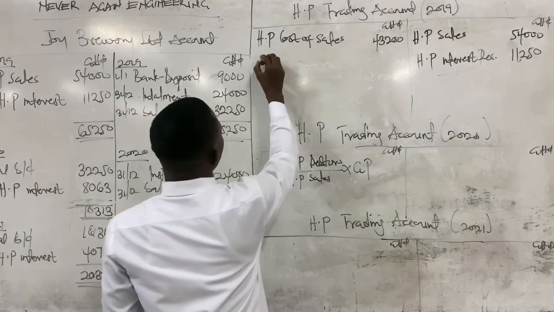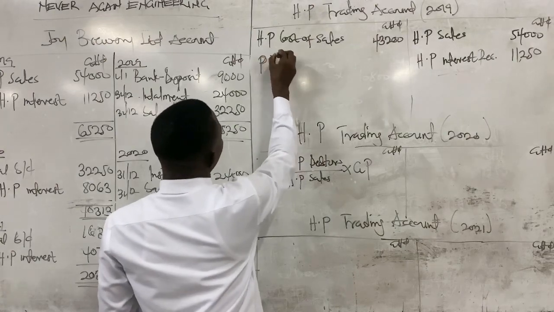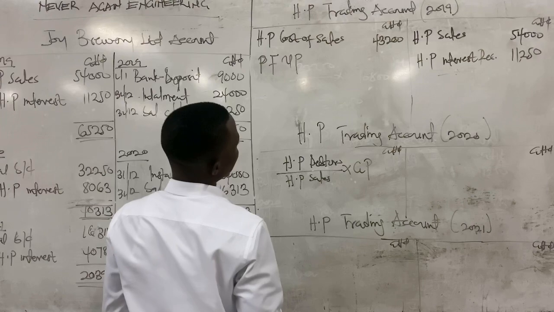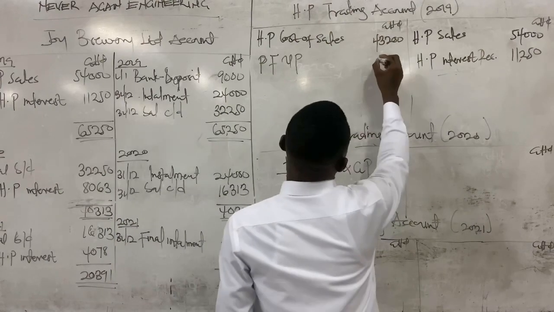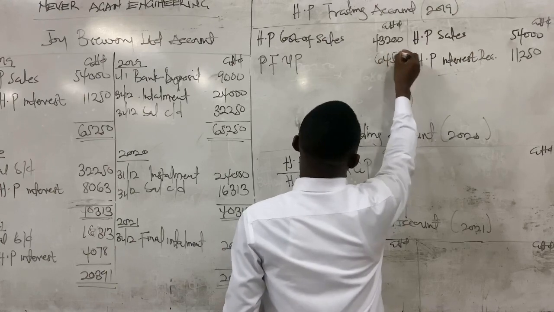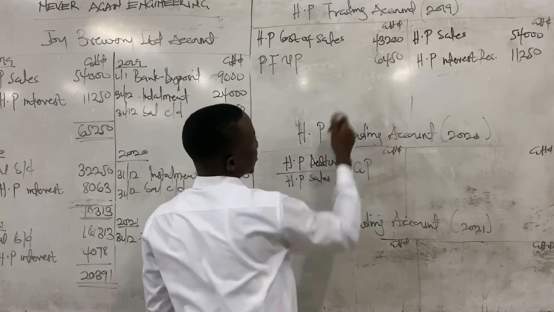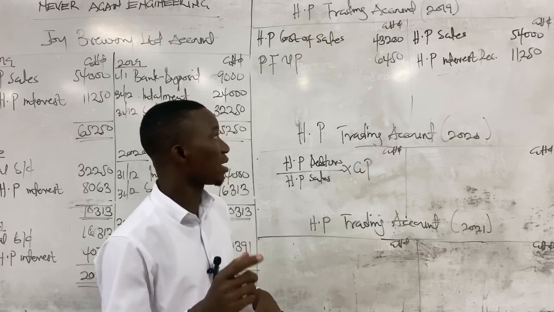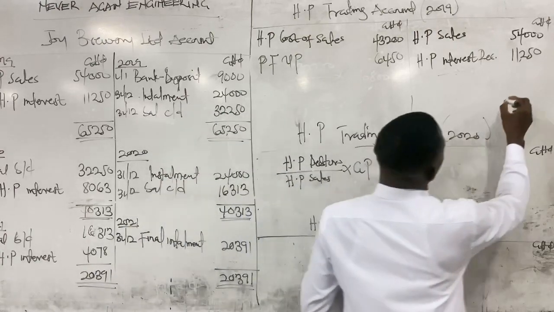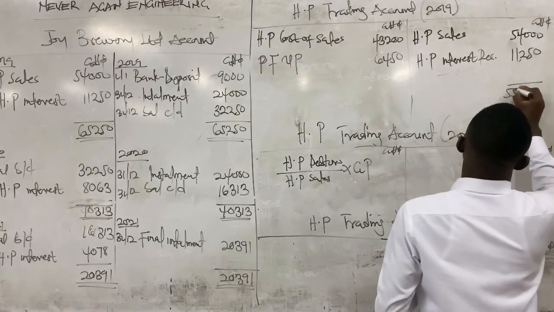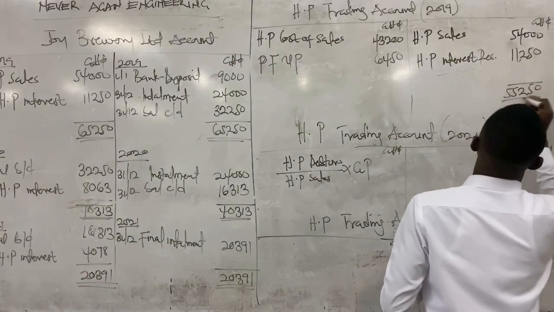So provision for unrealized profit, and the amount is 6,450. And you know how we came by this. So we need to close off the account, or balance this account. In balancing this account, the total is 55,250.